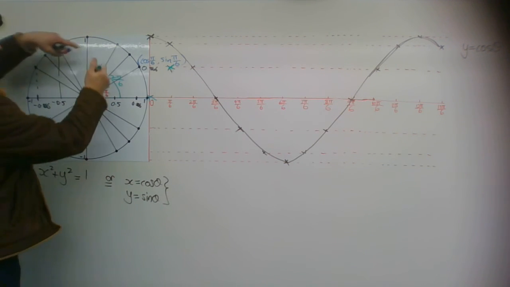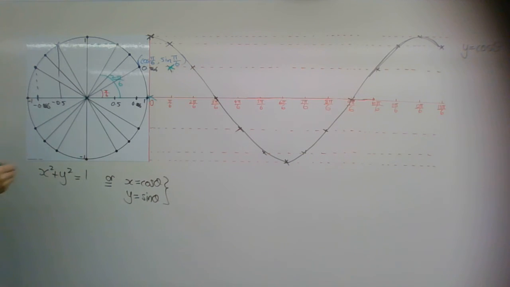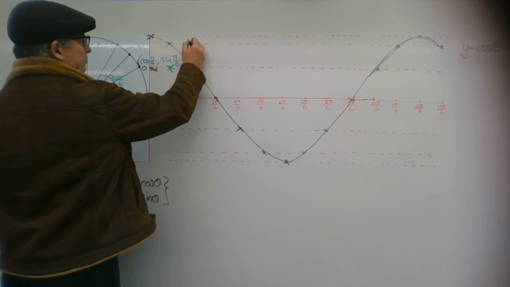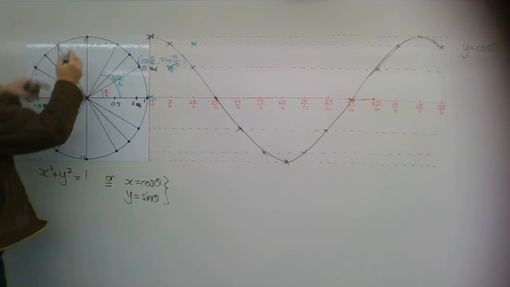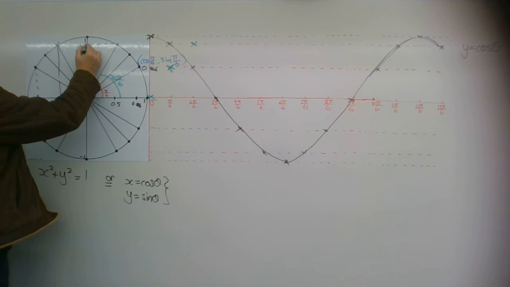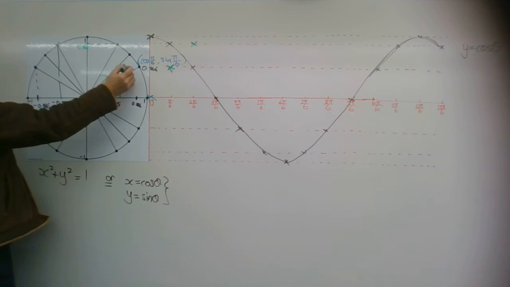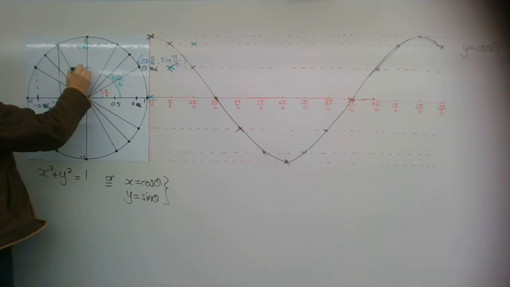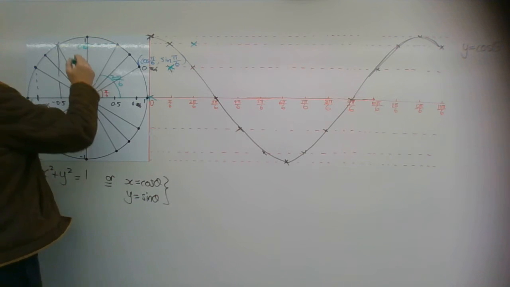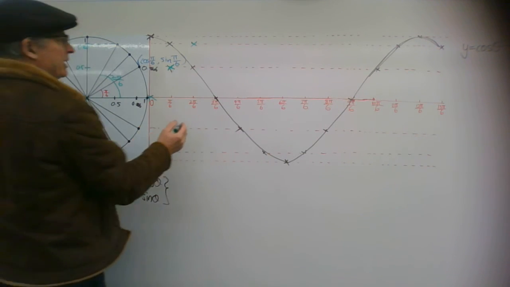Well, that height is all the way up there, 0.866, because it's not far from 1. Whereas when you were here at pi on 6, your height was 0.5. And then you get up to 1, when the angle is 90 degrees, your y-coordinate is 1.